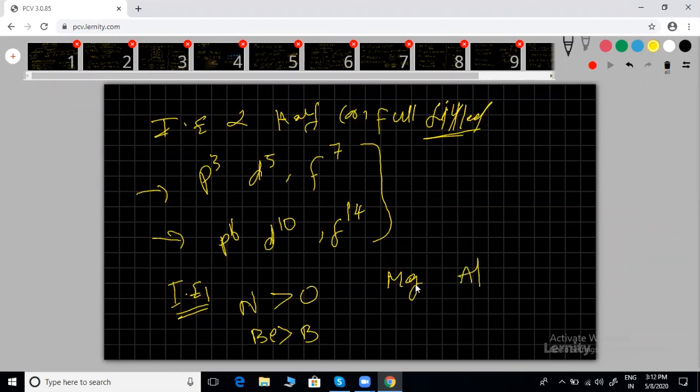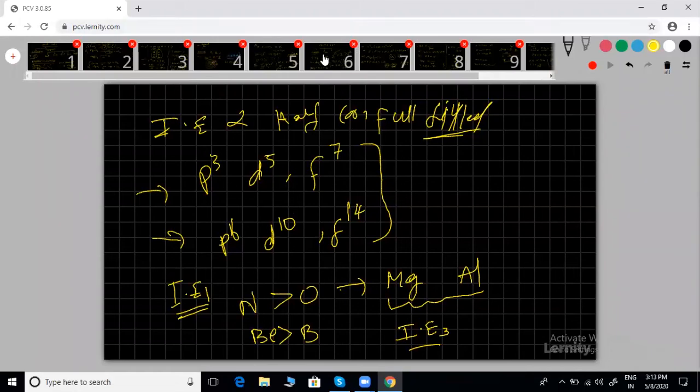So you can apply it to magnesium and aluminum. I'm asking, magnesium and aluminum, which one has the highest IE3 value? You can share your answer in the chat box.